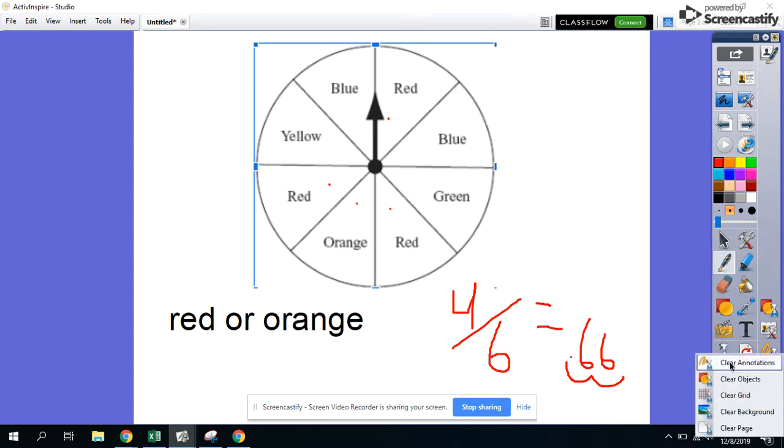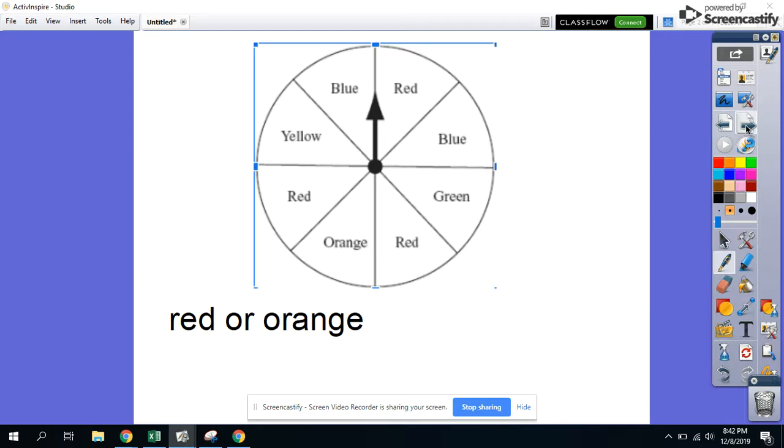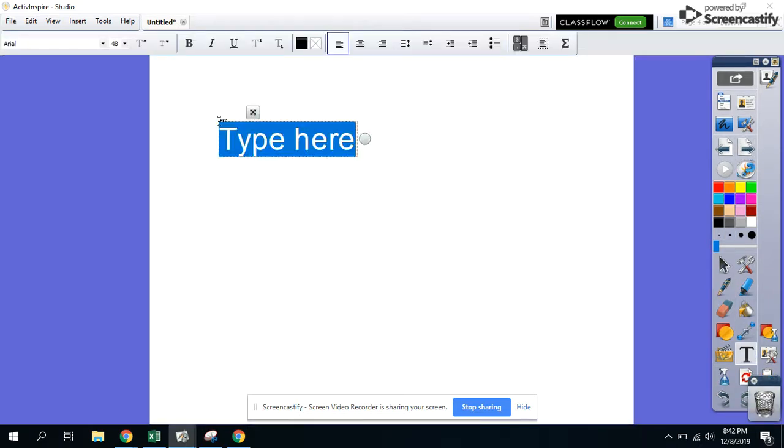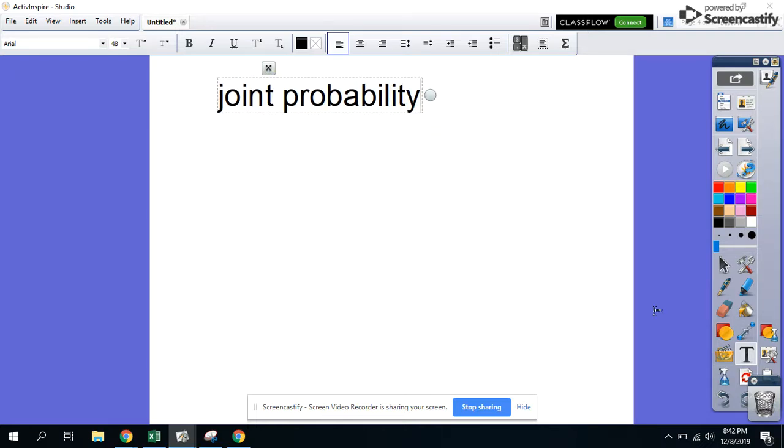The last thing I'm going to end on today is what's called joint probability. Now, this is interesting because it's the probability of 2 things happening.